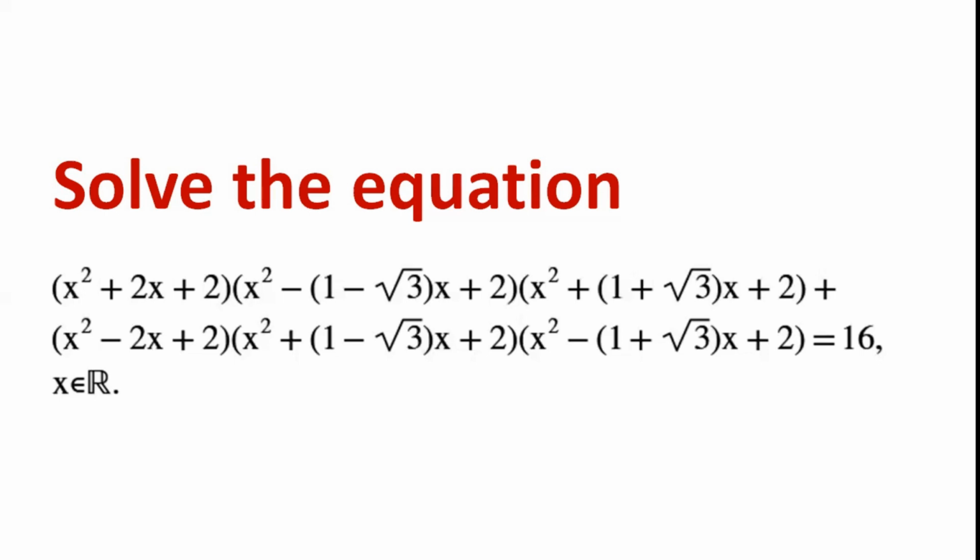And the third part of the first term and that of the second term also are almost identical, apart from one has 1 plus root 3 times x, whilst the other has minus 1 plus root 3 times x.